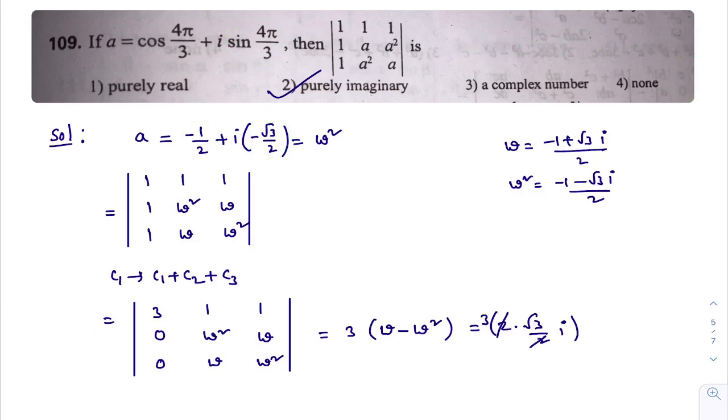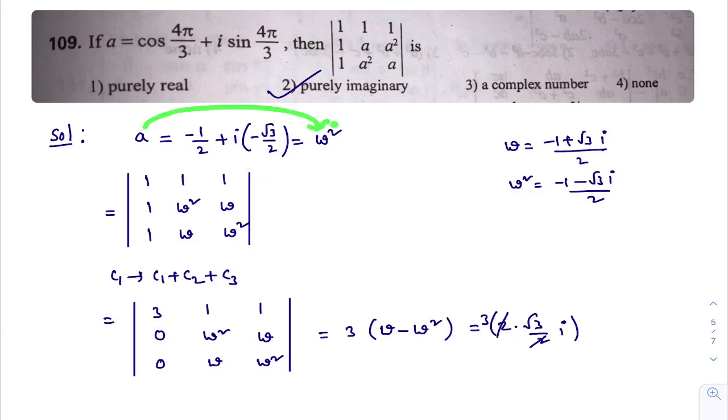So we know in the cube roots of unity, omega is minus 1 plus root 3 i by 2, and omega square is minus 1 minus root 3 i by 2. Here you see this is minus 1 minus root 3 i by 2, which is nothing but omega square. So when I calculate a, I got that a is omega square. Now in place of a, I'll write omega square.